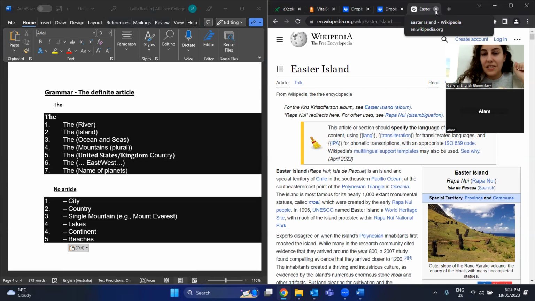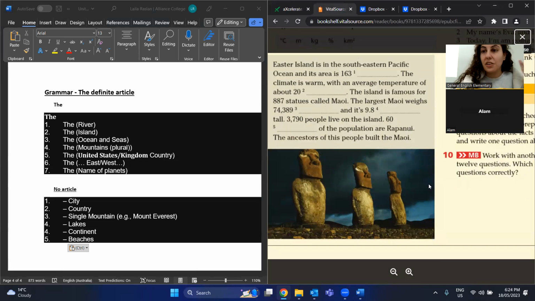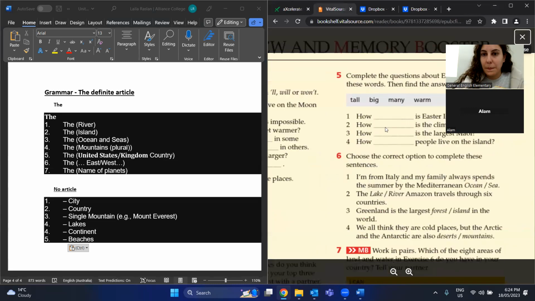So this is very much an unexplored place on Earth. So remember we looked at what unexplored means. It's not many tourists. It has a lot of, yeah, amazing. 9.8 meters tall. Yeah.